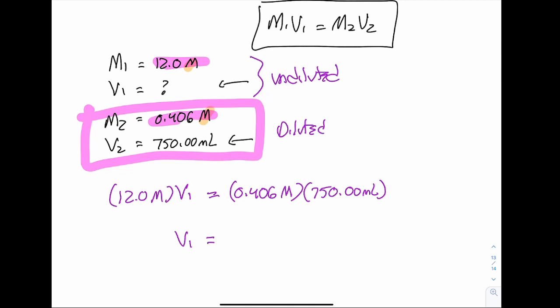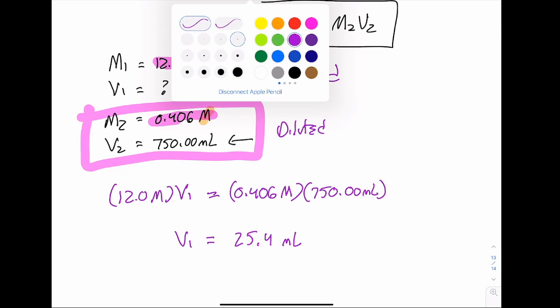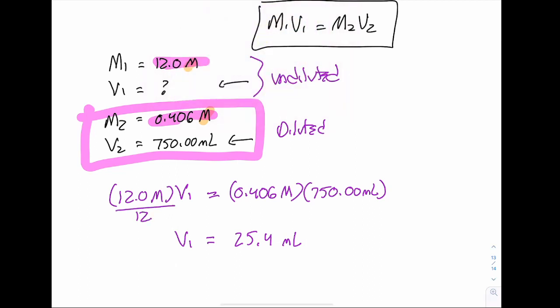So just algebra, I'm going to take the 0.406, multiply it by the 750, and then divide by 12 molar, right? If we divide both sides by 12, then we get V1 by itself. And when I hit enter, my number is less than 750, which is good. Specifically, I got 25.4 milliliters. From a unit standpoint, what I did is I divided both sides by 12 molar, so that went away.